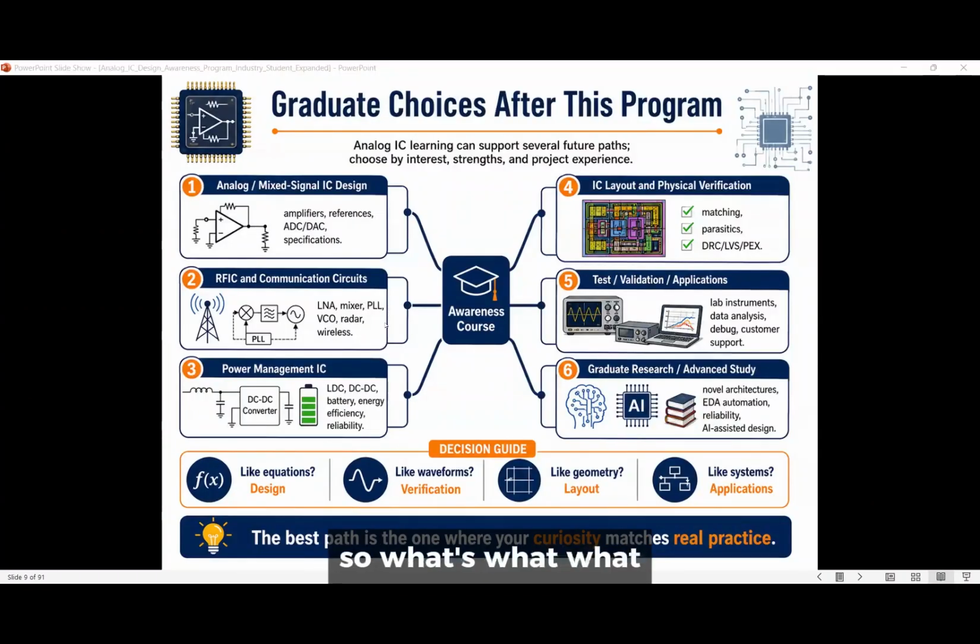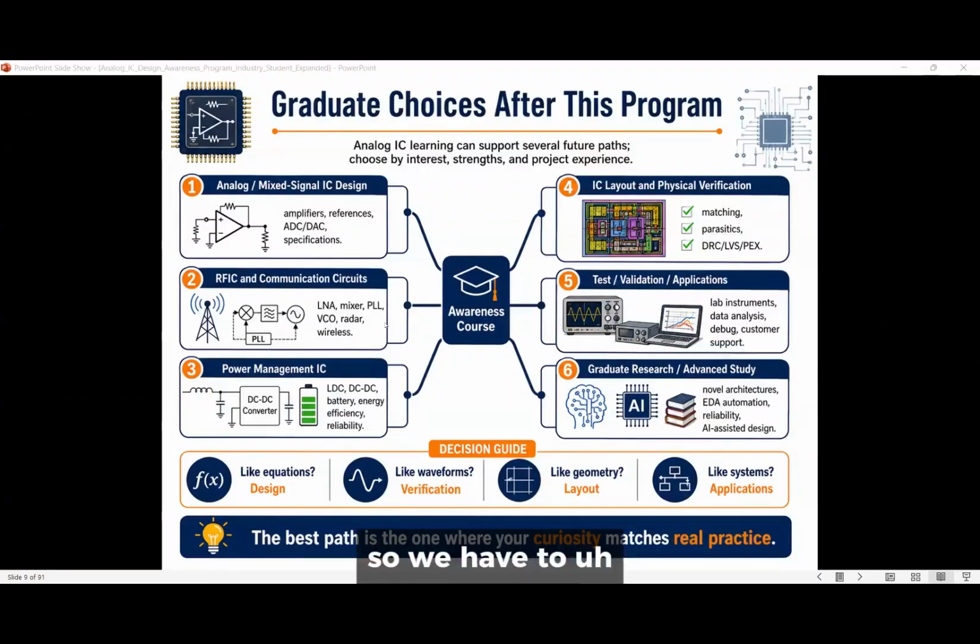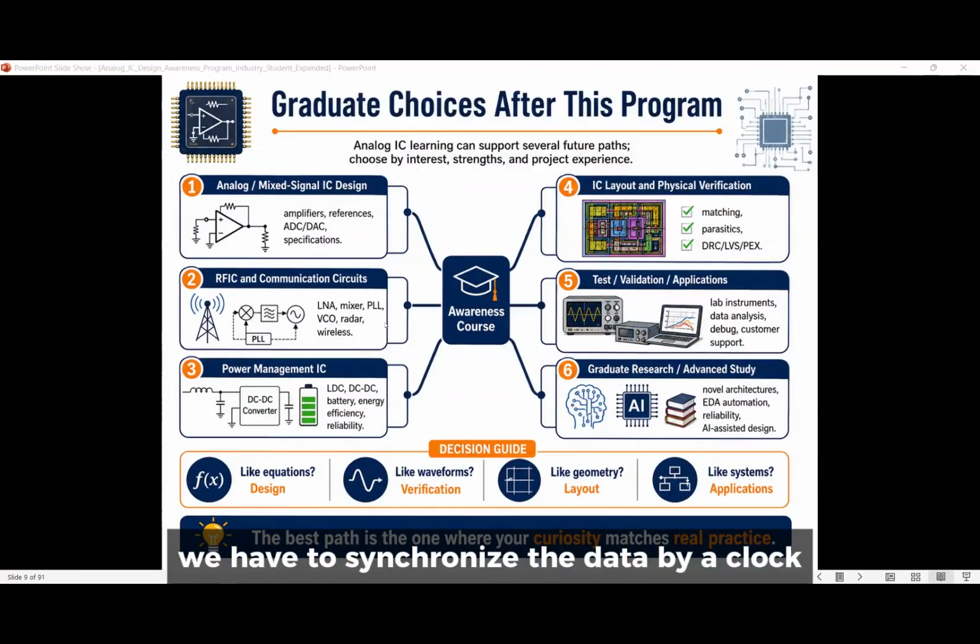When we use a PLL, it is actually a clock. Why do we need a clock in our chip? We have to synchronize the data by a clock before the data can be analyzed by the digital circuit.